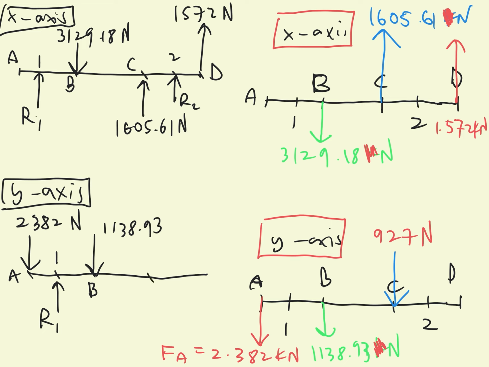And then for point C there is also a force acting downwards with a value of 927 Newton. And then at point 2 there is a bearing, so we assume there is an R2 bearing reaction here acting upwards. And then at point D there is no force acting on it.